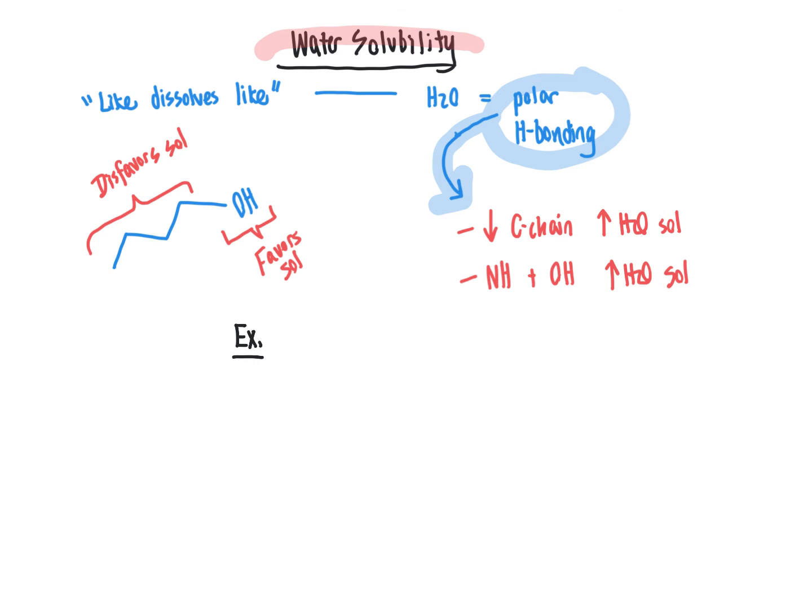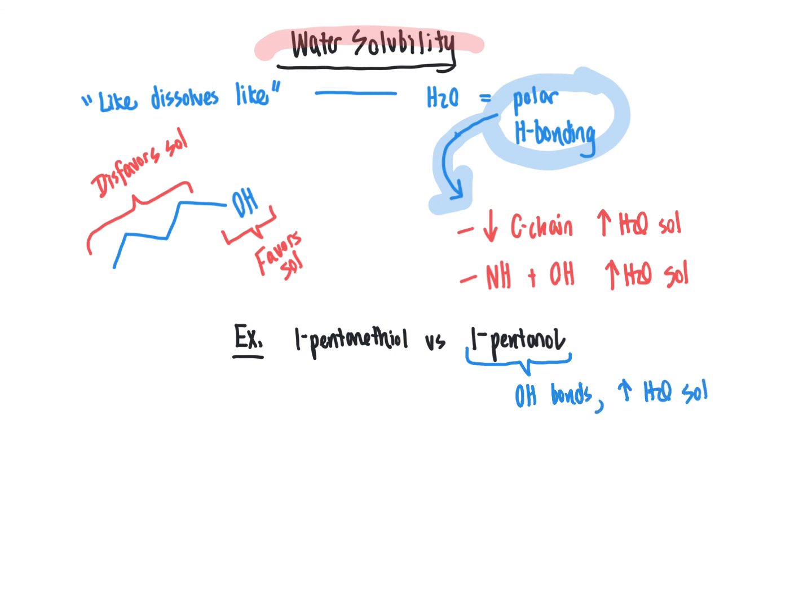So for example, if we were to compare the water solubility of 1-pentanethiol relative to 1-pentanol, and by the way, we could have put the alcohol group at any position along that chain or any position along the thiol, and the trend here would be the same, which is that due to the fact that alcohols have that group that's able to hydrogen bond, the water solubility is going to be much greater for the alcohol than it is for the thiol, because the thiol group is not polarized enough between the S and the H to effectively hydrogen bond. And that hydrogen bonding is going to increase the like properties of the alcohol with water and hence lead to the alcohol being far more soluble than the thiol molecule.